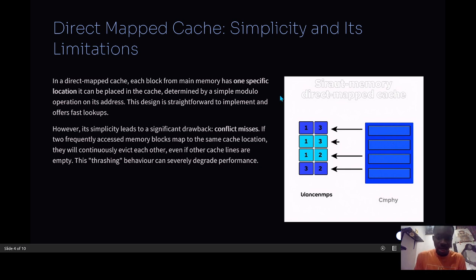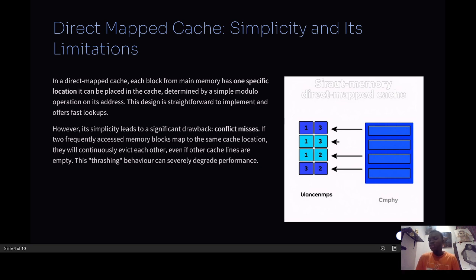It can be placed in the cache at a location determined by a simple modulo operation on its address. This design is straightforward to implement and offers fast lookups. So in this simple technique, each main memory block has its own specific location in the cache.